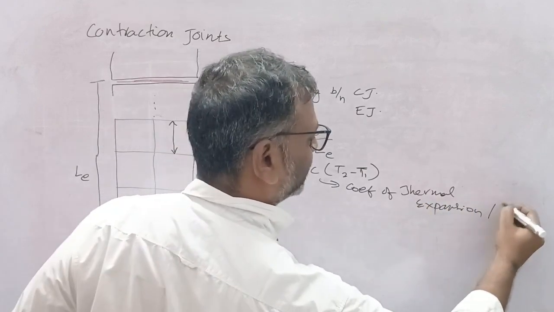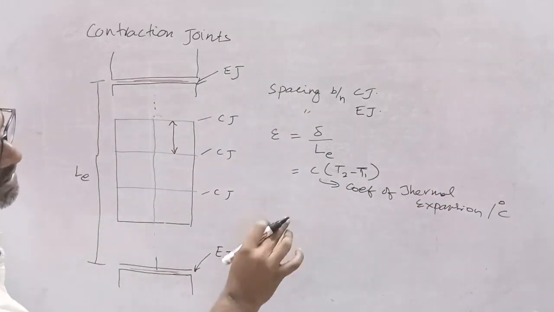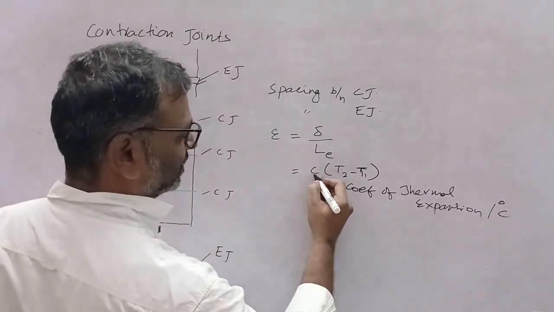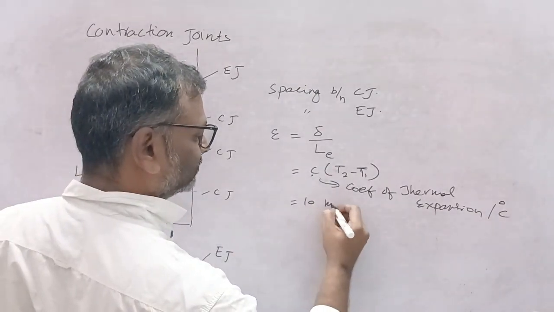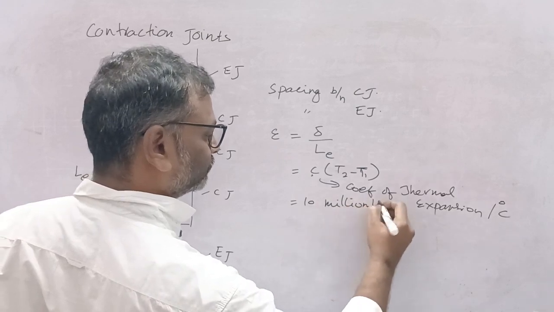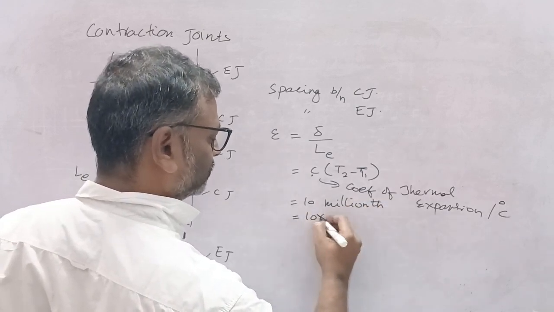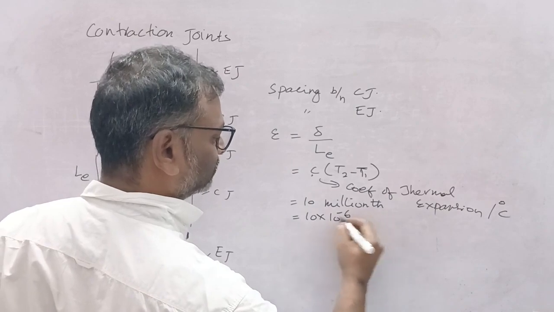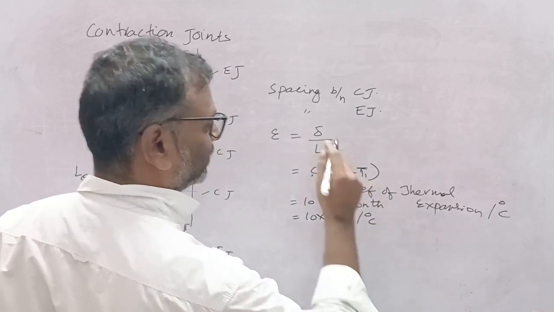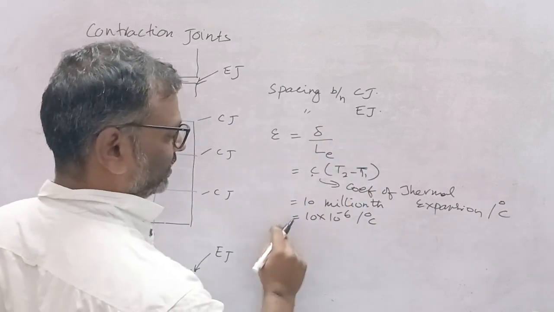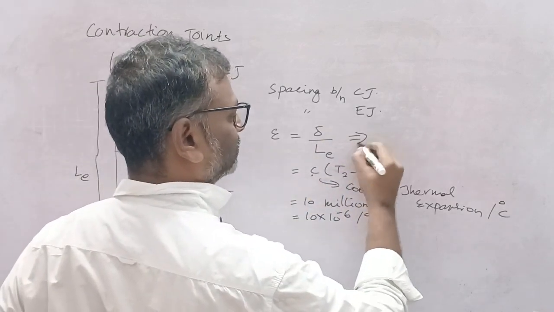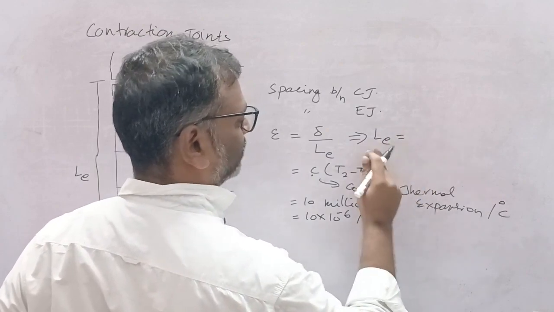So that is in per degree centigrade, and generally this is 10 millionth, that is 10 into 10 power minus 6 per degree centigrade, and from this you can find the length between expansion joints.